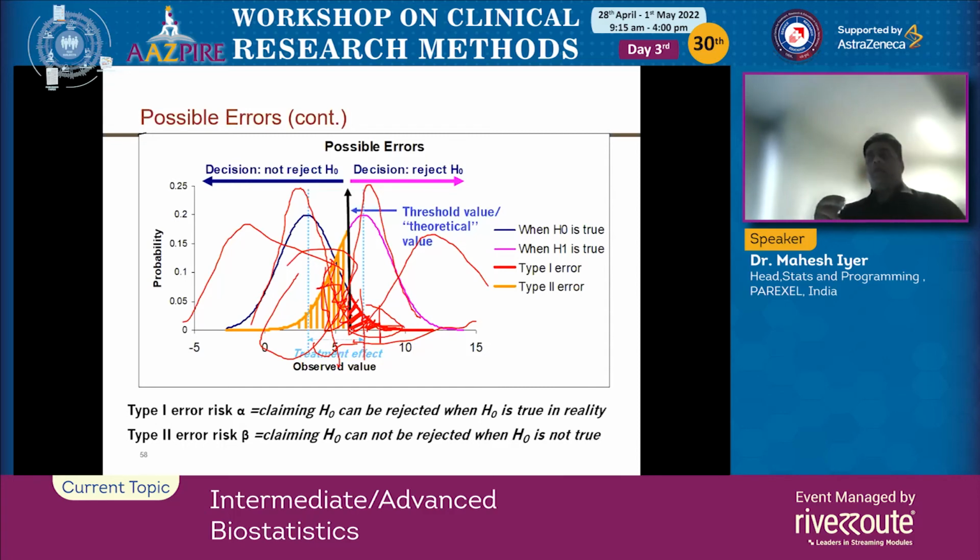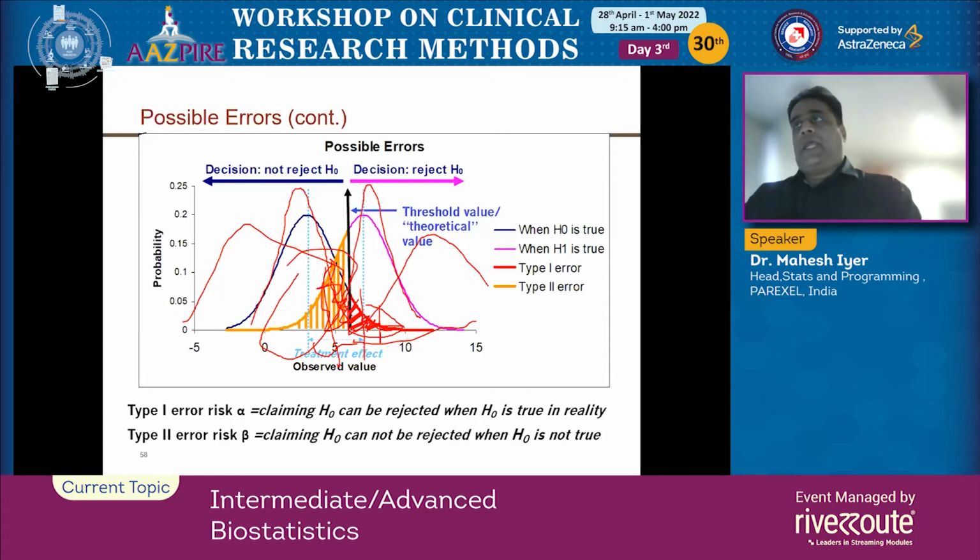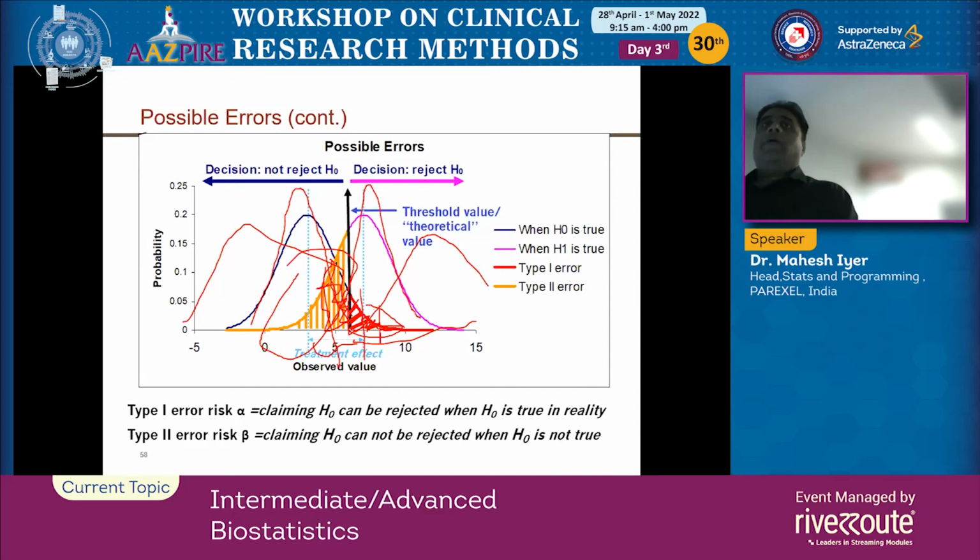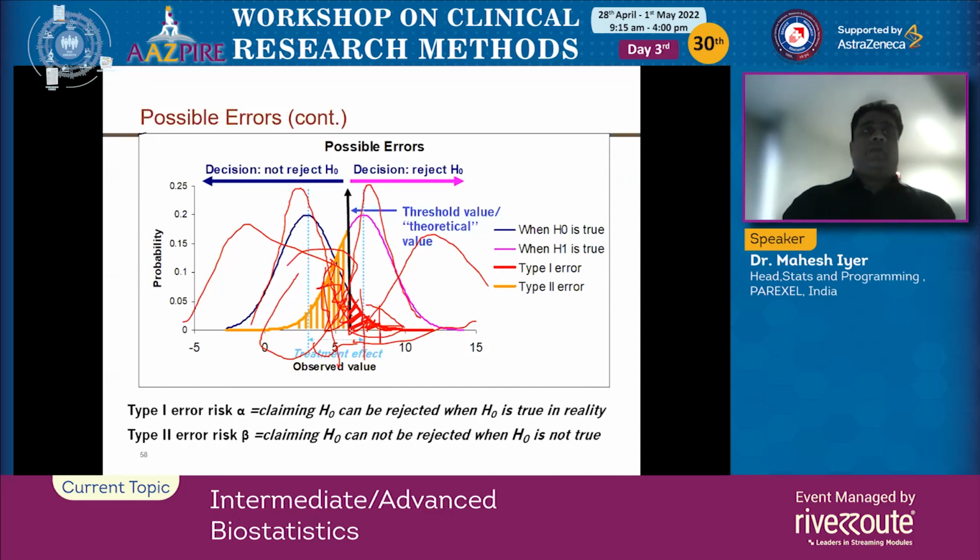Same way, a hierarchical procedure essentially says that first I'm going to test my primary endpoint. Only if I reject the null hypothesis, only then I will test my second endpoint. Not composite. They will be sequential, one after the other.